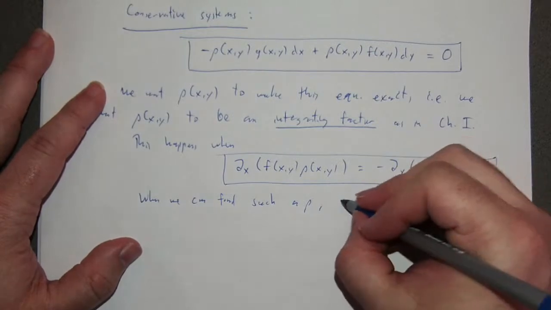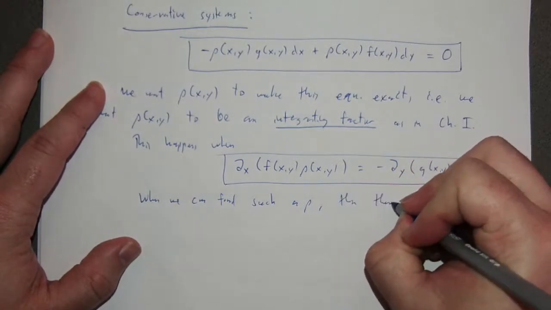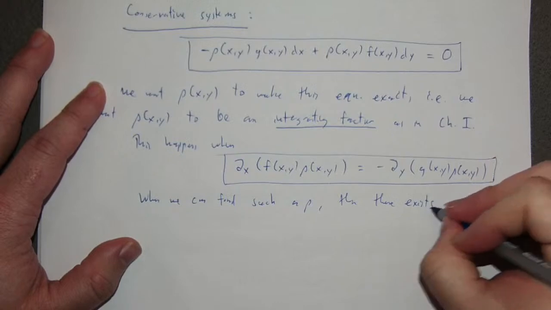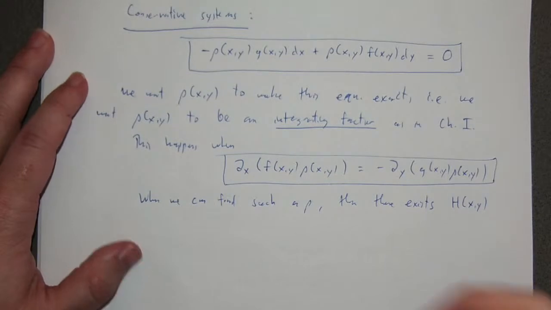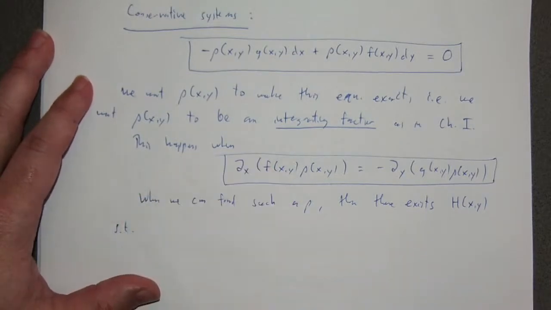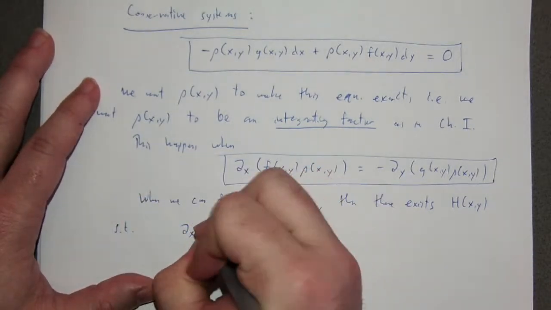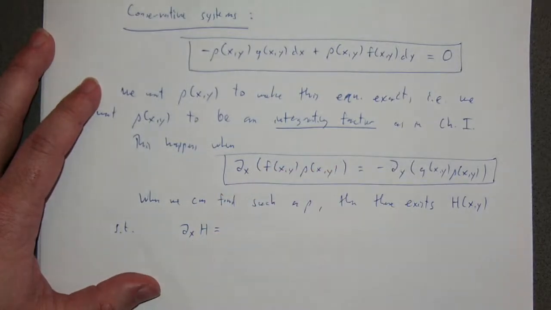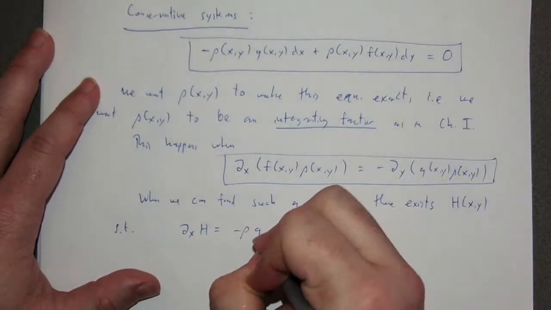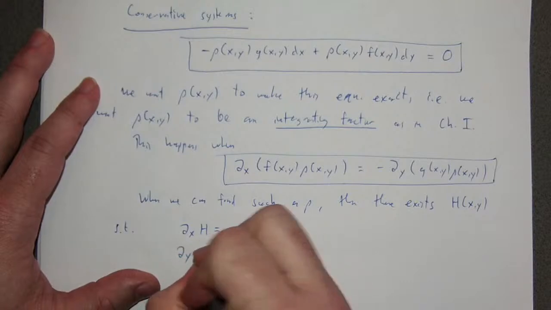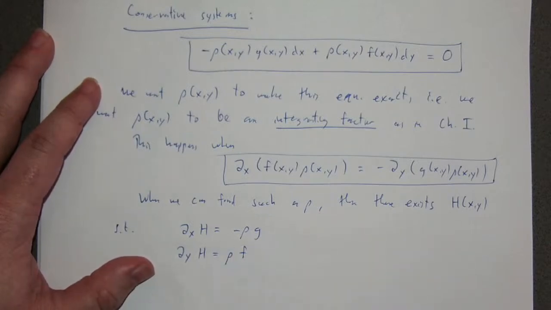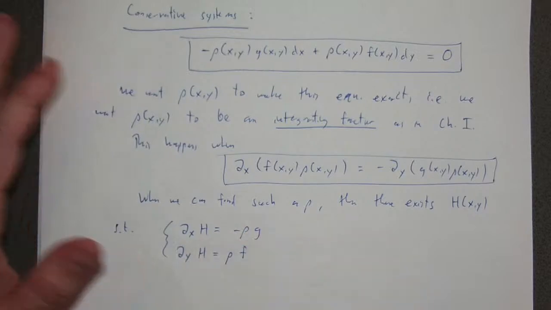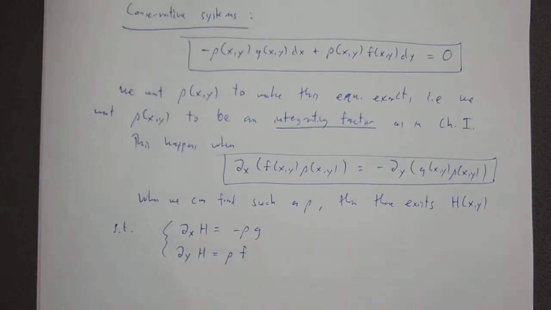So when we can find such a rho, then there exists a function big H of xy such that the x partial of big H is equal to minus rho times g, and the y partial of big H is equal to rho times f. I suppress the notation here, but both of these depend on both x and y typically. Okay.